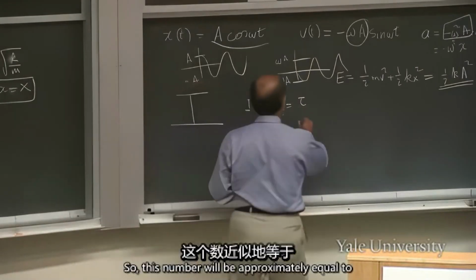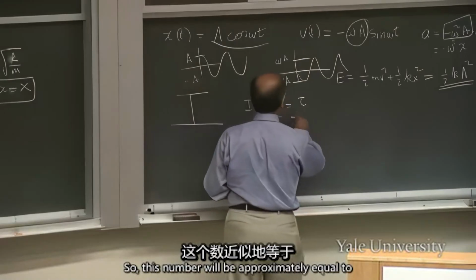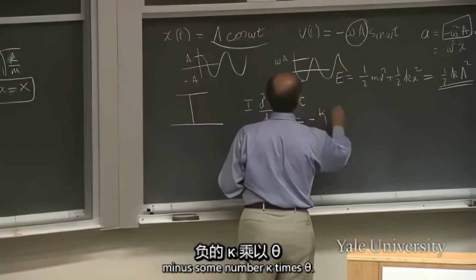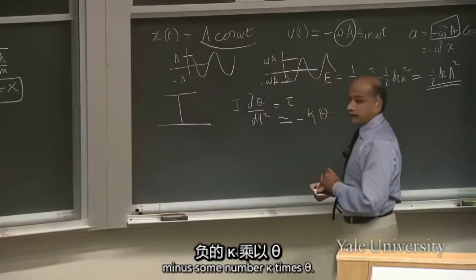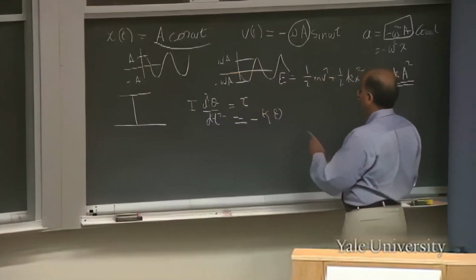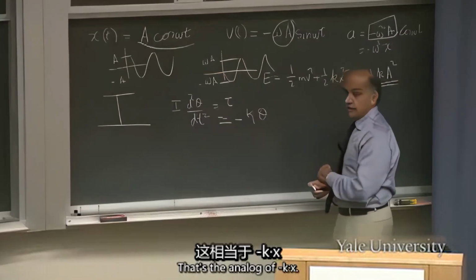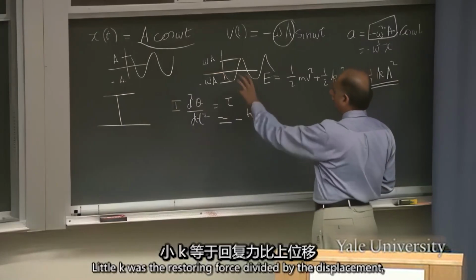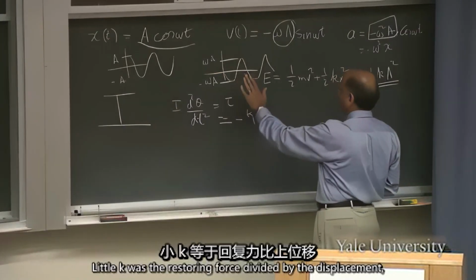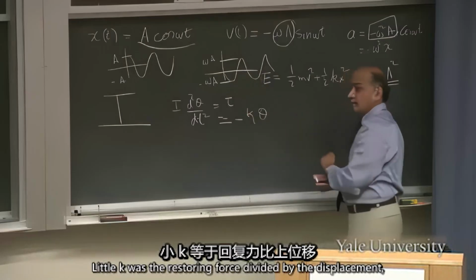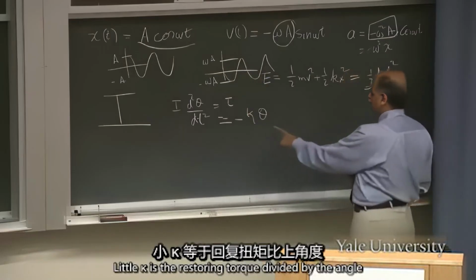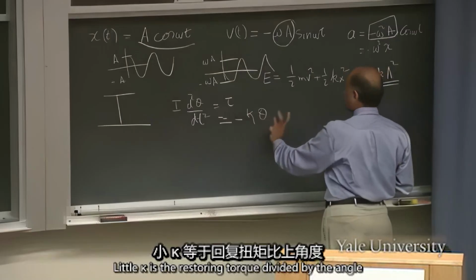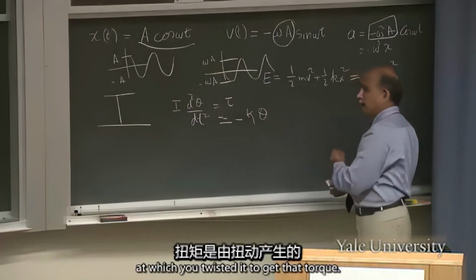So this number will be approximately equal to minus some number kappa times theta. This is the analog of minus kx. Little k was the restoring force divided by the displacement, which produced the restoring force. Little kappa is the restoring torque divided by the angle at which you twisted it to get that torque.